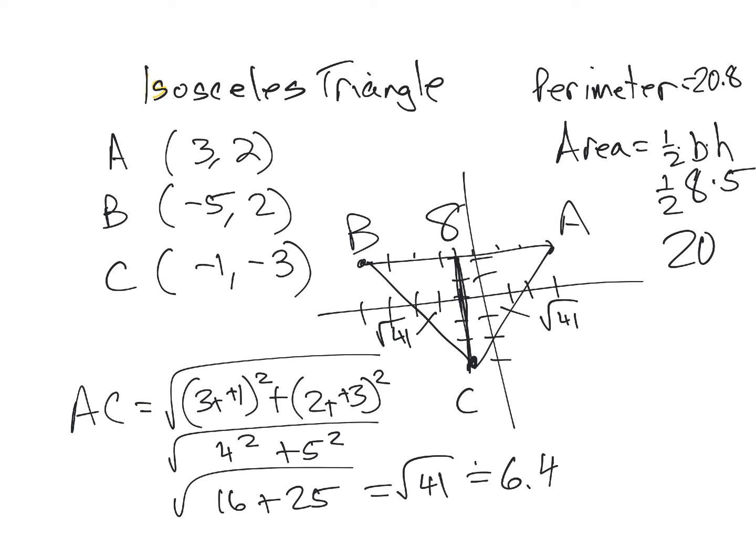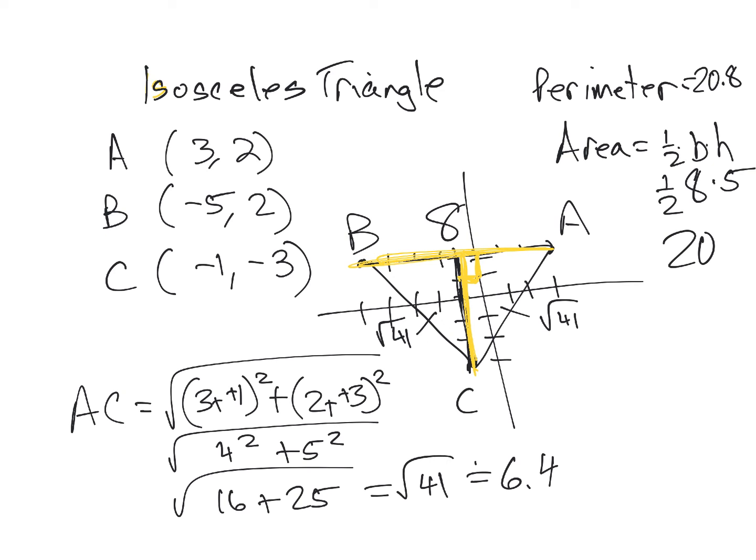Let's just see what the square root of 41 is. Yeah, 6.4. Amazing. And altitude has to come from a vertex perpendicular to the base. So since I used AB as the base, I needed to find the height by dropping the altitude.